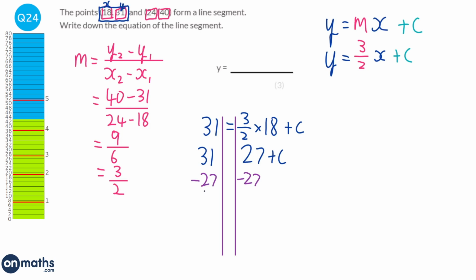And when we do that, we get the fact that c equals 4. Now if we know c equals 4, we can then substitute that into what we know. So it's 3 over 2 x, and we know that c is 4, so it's going to be plus 4. Let's write that in our answer. So 3 over 2, it could be 3x over 2. You could put the x into the fraction, and then plus 4.